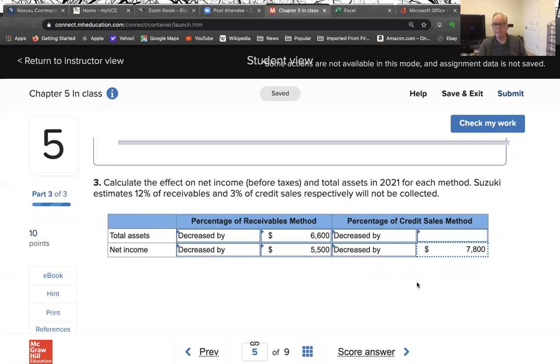Okay. All right. And I would have said that total assets are decreased by, let's go back and look at this.